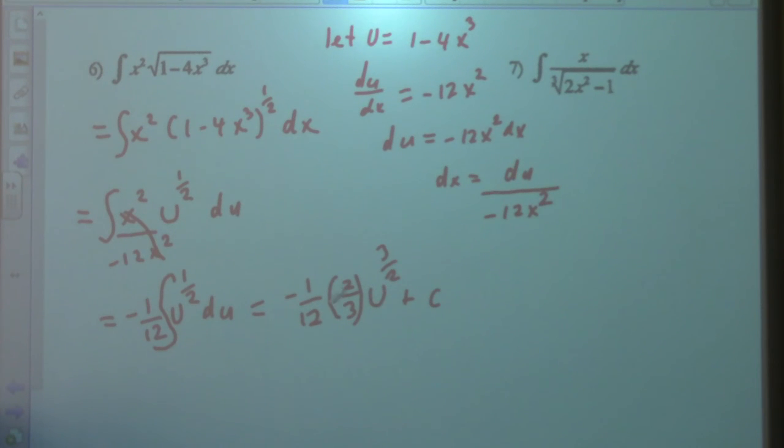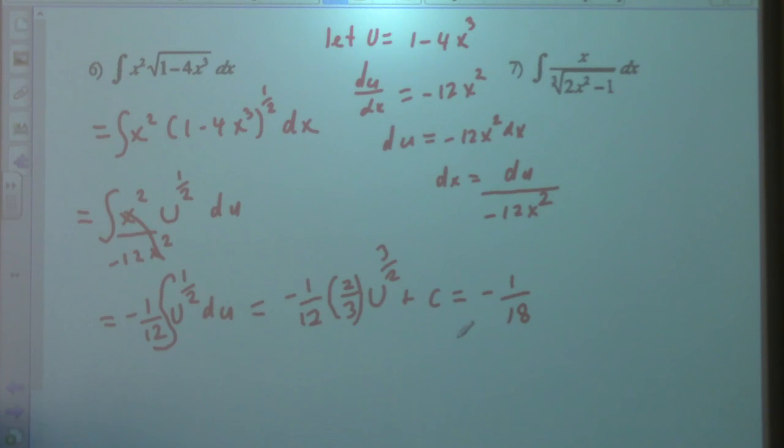And so now what's our simplification of this? Equals negative 2 over 36, so 1/18. Is that right? 36, 2, 6.